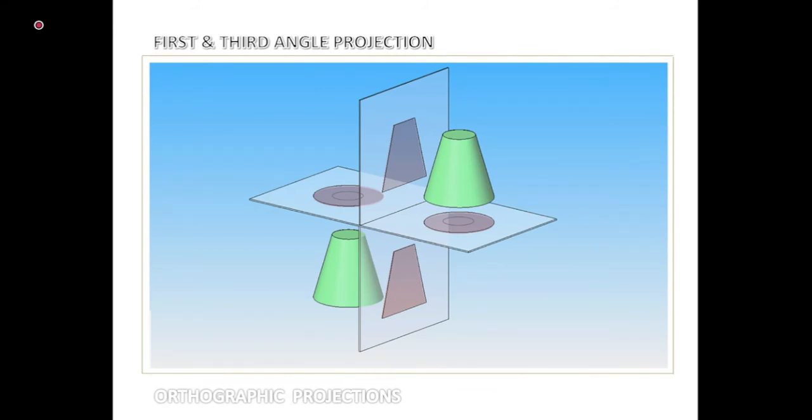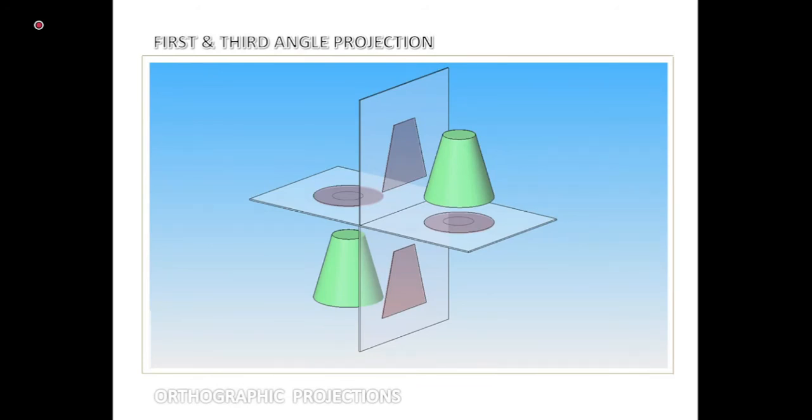In the first quadrant, your object is between the observer and the screen. If the object is kept in the third quadrant, you are still watching from the right side. Now can you see the difference? Now the projection plane is before the object. Am I right? Yes, sir.